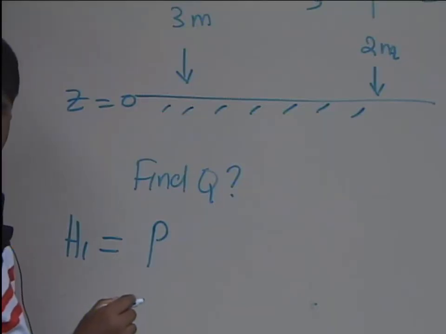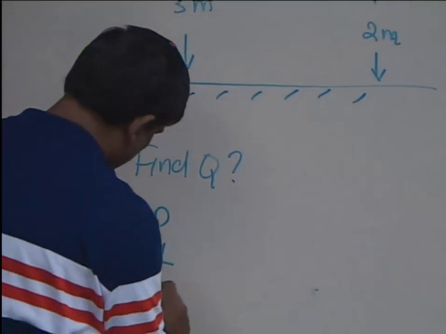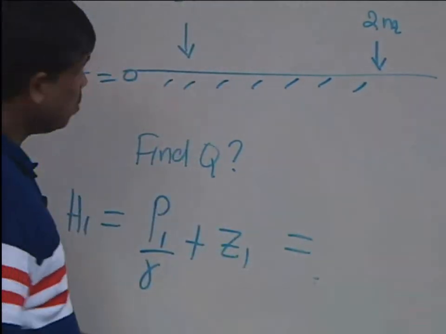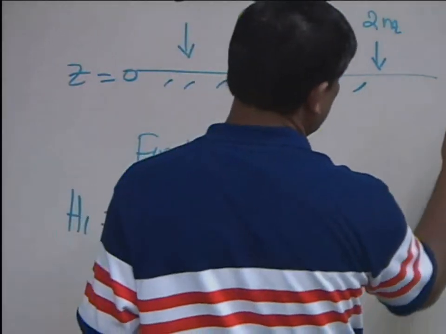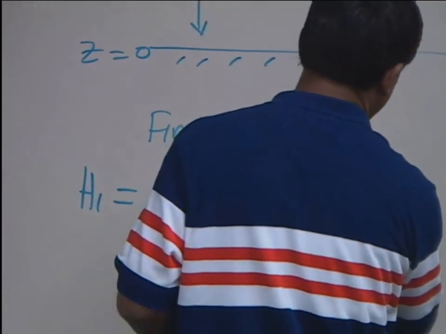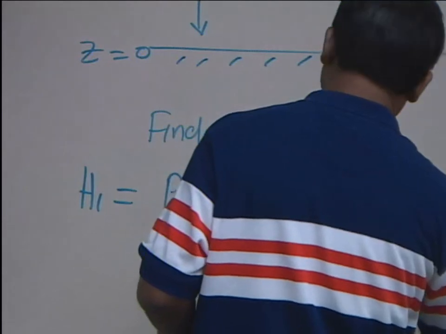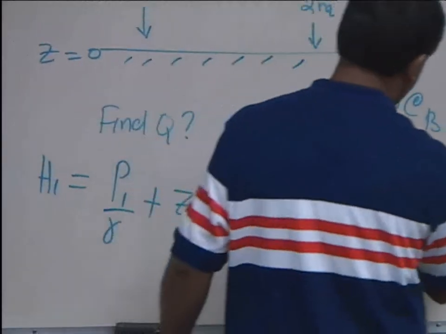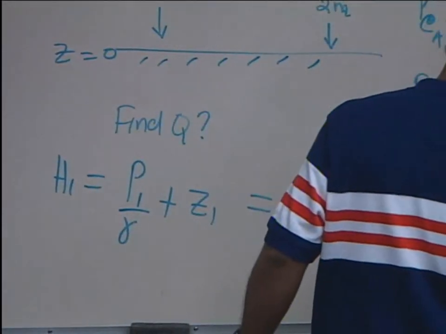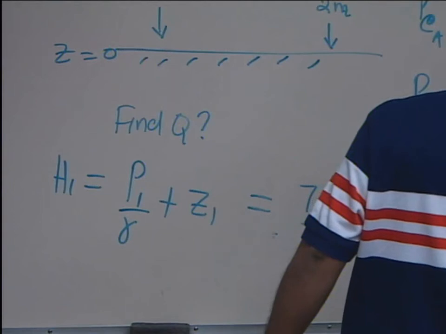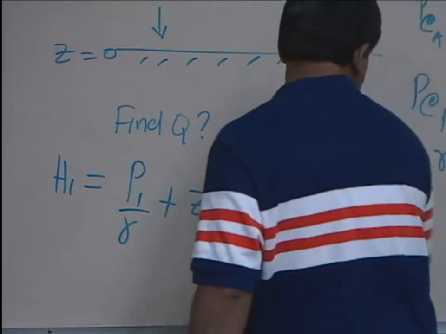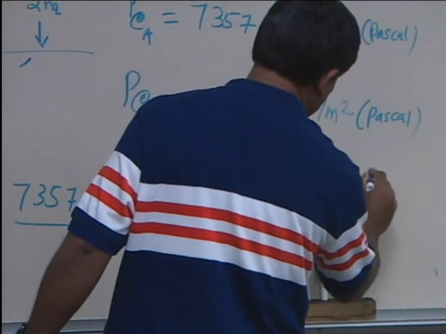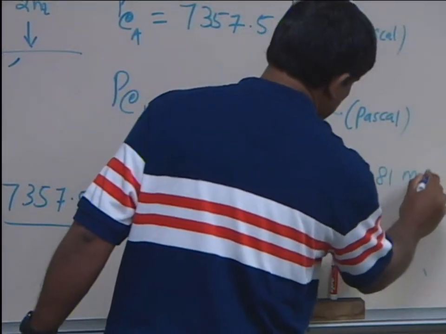What is Bernoulli's equation? P by gamma, or rho g, plus z, right? Which is equal to P at A, 7357.5, divided by rho g. Gamma is equal to rho g. Rho is equal to 1000 kg per meter cubed times 9.81 meter per second squared.